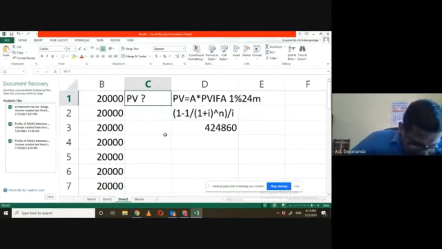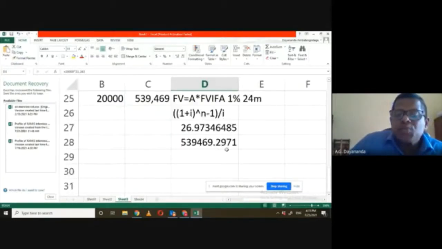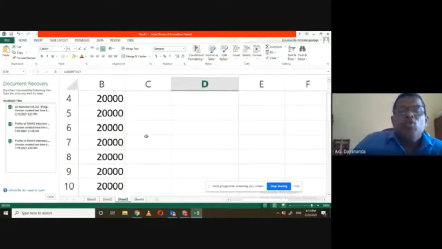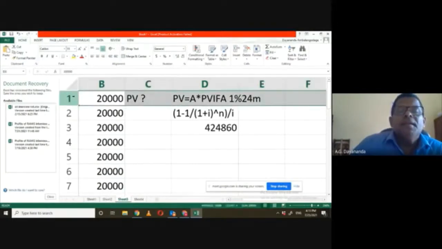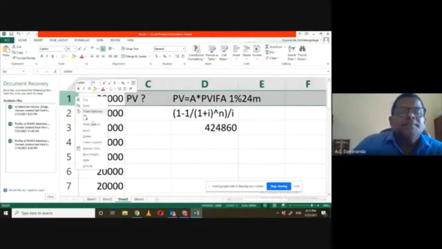Is it clear? Right. Now, what if we calculate these two figures assuming the cash flows are at the end of the period. Now, what if cash flows are at the beginning? If the cash flows are at the beginning, what happened really?